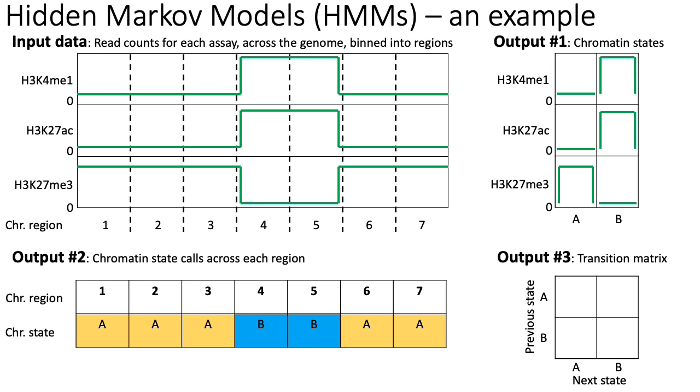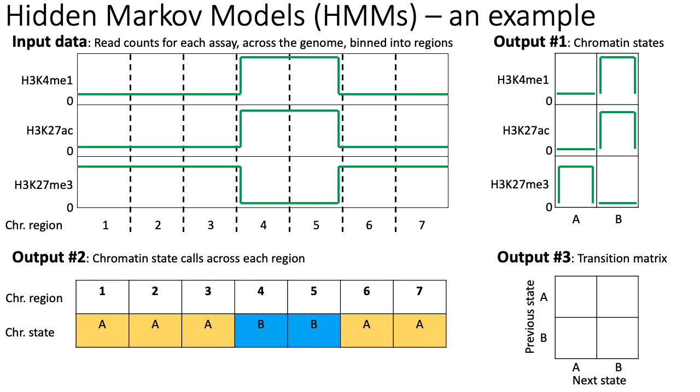The last thing that the HMM gives you as output is something called a transition matrix. The idea is that if the HMM tells you there are 2 states in this genome, it's going to give you a 2x2 table. And if there are, for example, 5 states, it's going to give you a 5x5 table.